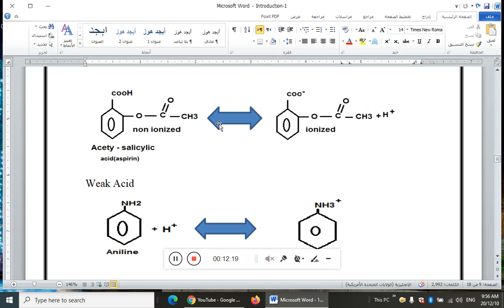But when it is in acidic media, it will ionize by freeing hydrogen and become ionized with plus hydrogen.